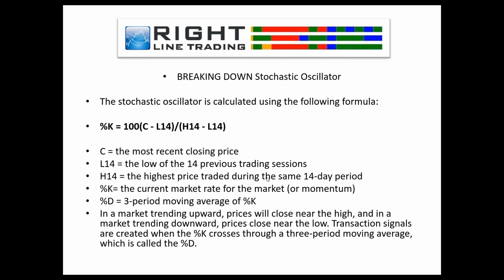On a short trade, or a trade to the downside, we want the close of the candle to accelerate to that 14-period moving average low. And that tells you that price is accelerating to the downside. That's essentially what creates that percent K, which simply compares the close of the candle to the 14-period moving average low and the 14-period moving average high via the use of this formula.